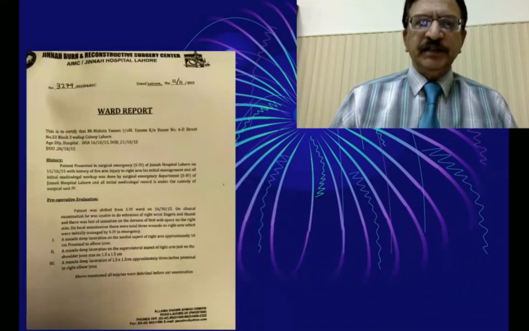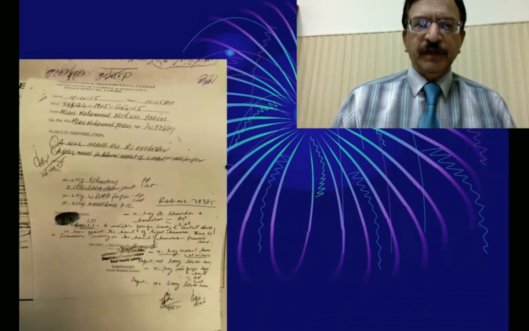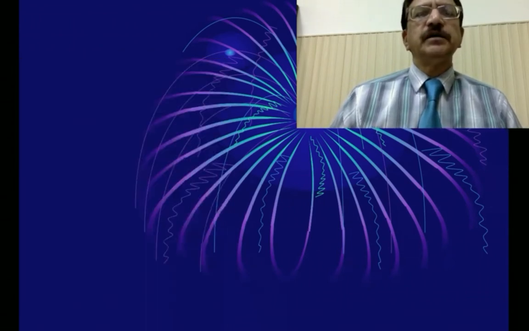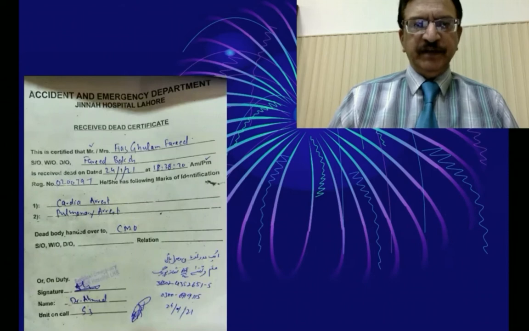Then these are the ward notes or the hospital notes, operation notes, and this is the hospital chart containing the information. This is where the person was received dead in accident and emergency.